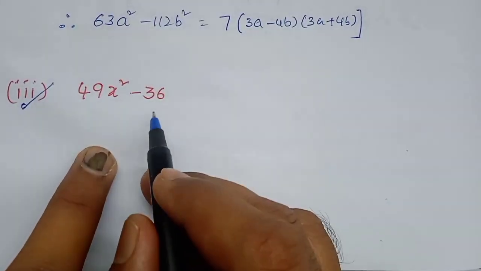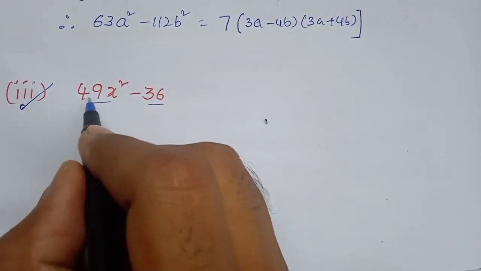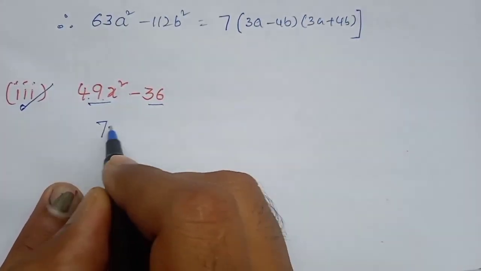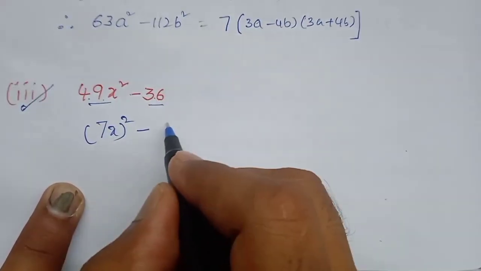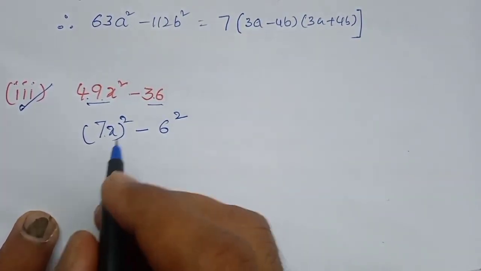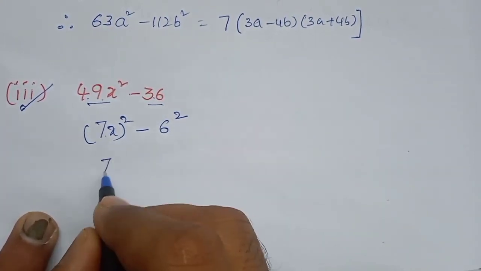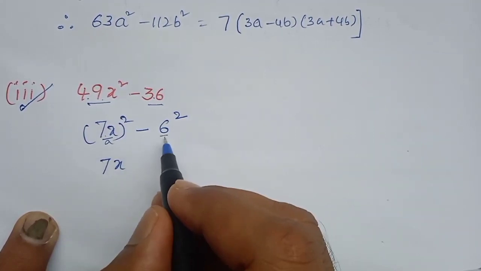49x square minus 36. Since both are perfect squares, 49x square can be expressed as 7x whole square minus 36 as 6 square. So this is in the form of a square minus b square. Because of that identity, you can treat this as a and this as b.